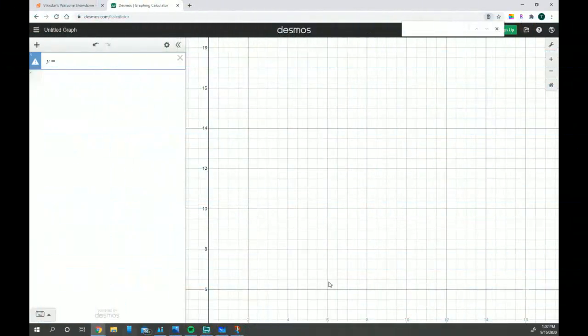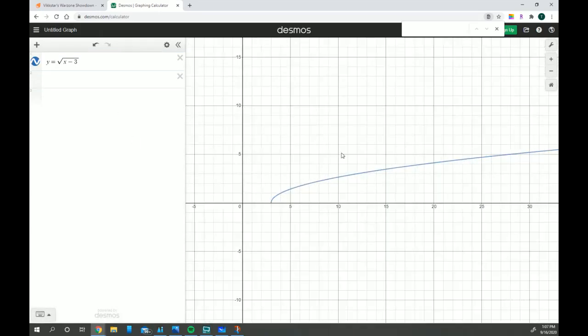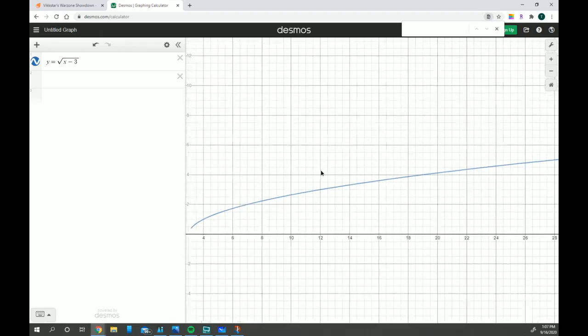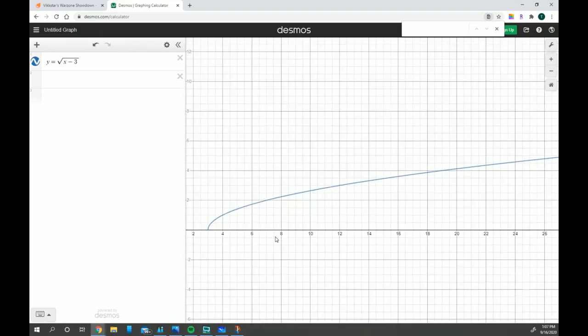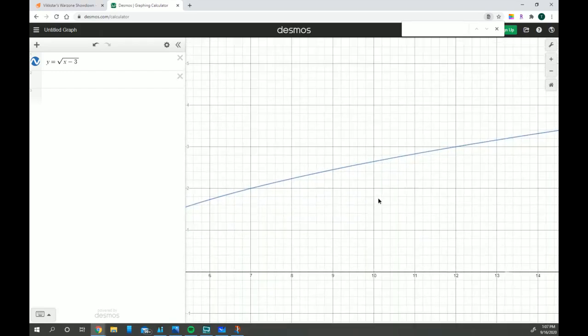So let's see. We have our function, square root of x minus 3. Where is it? There it is. And remember, we were trying to find the average rate of change from 7, which was here, to 12, which is here. So what I want to see is a nice linear straight line connecting the dots from 7 to 12.